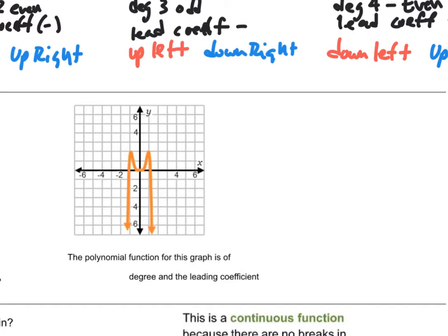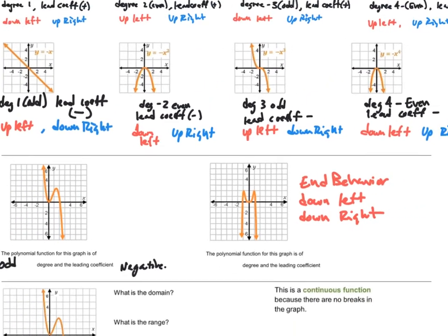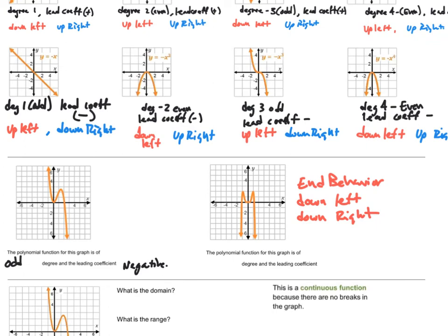Okay, so for this one, what I see is that my end behavior, and let's write that down, means we're going down to the left and down to the right. All right? So when I take a look at that, oh gosh, what am I doing?